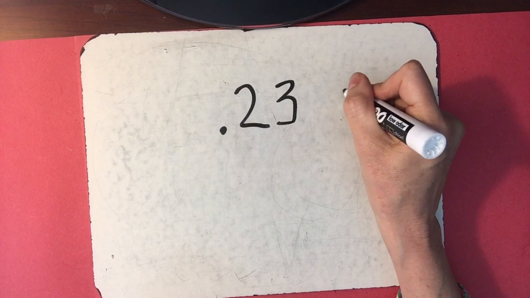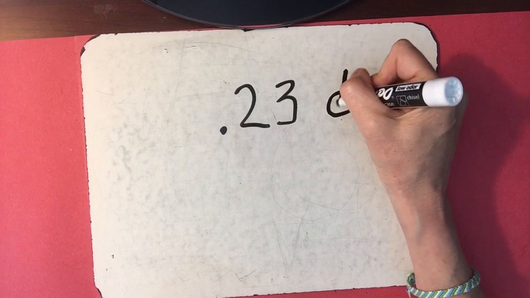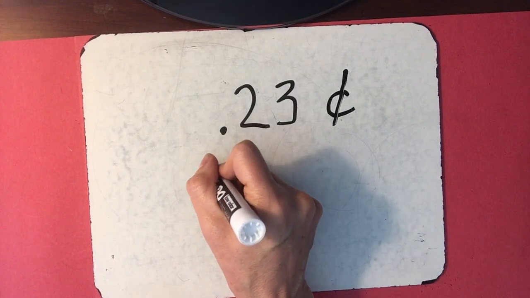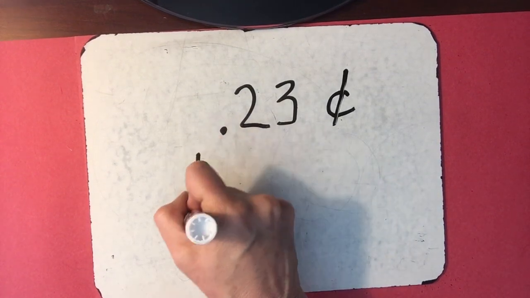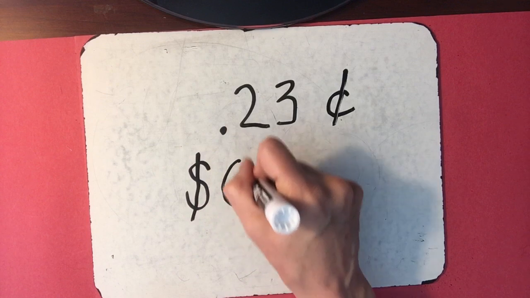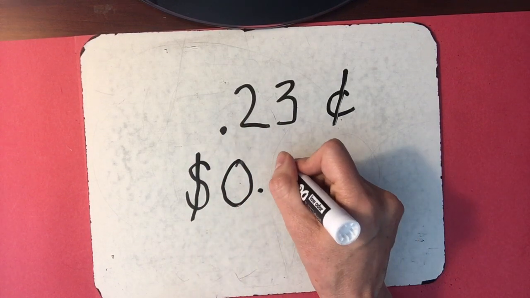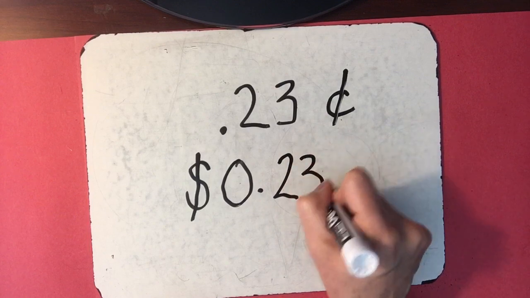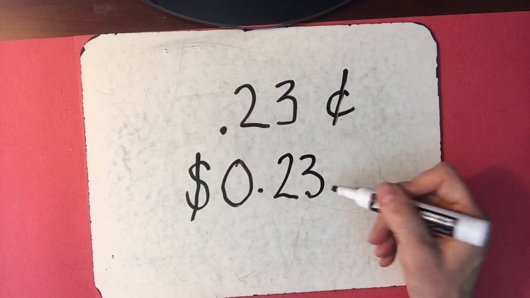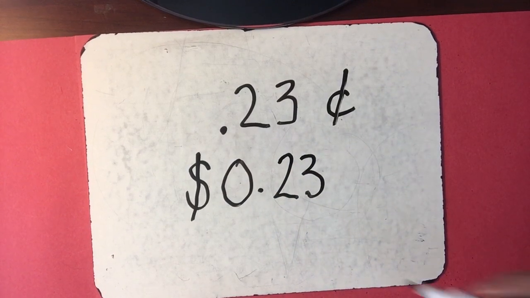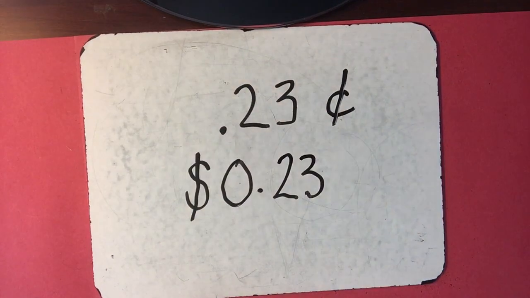So what you want to do is use a cent sign that looks like this. Or you can have a placeholder 0 that shows there are no dollar bills, and you can write it this way. So this way or this way is the way you write money. You can also put a placeholder 0 there as well. Okay, good game.